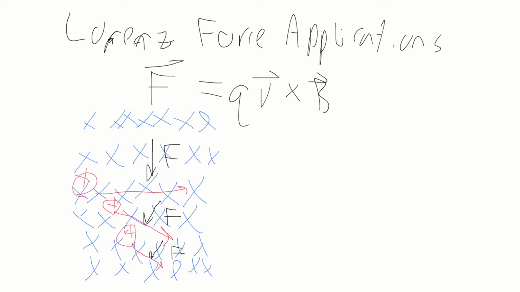And then you can see what's going to happen here, which is that I'm getting a path that looks an awful lot like a circle.